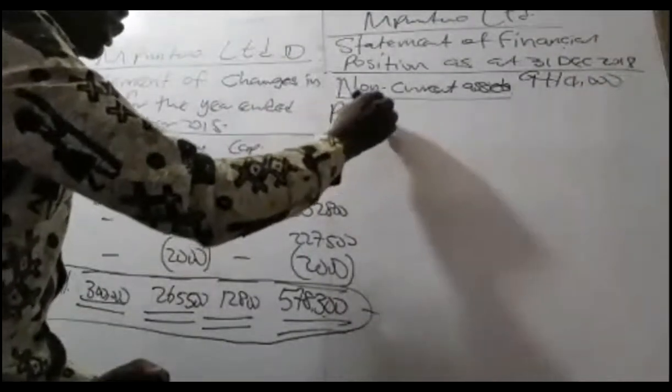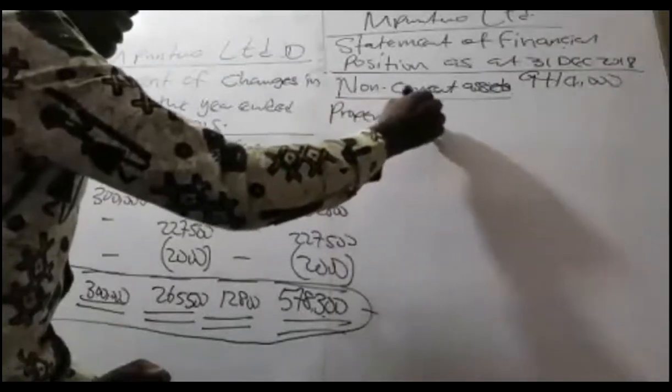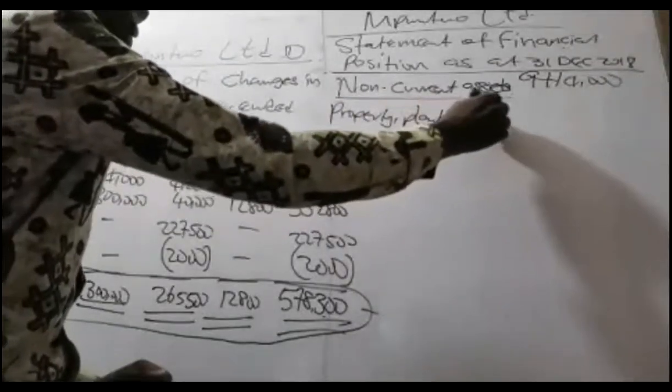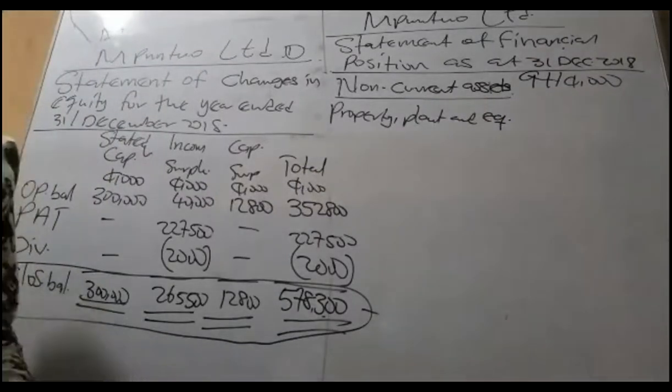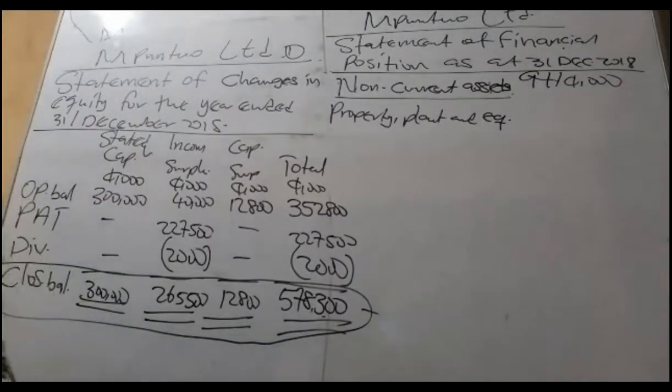So property, plant, and what? Equipment. Let us know that we do the workings. So let's do that working here quickly, and then we send it in.